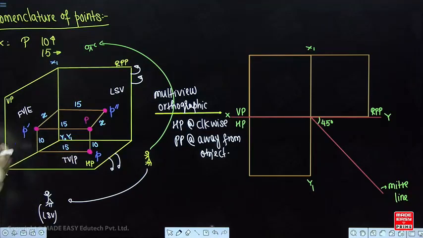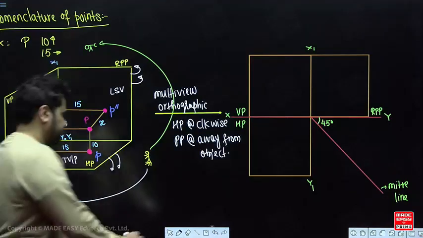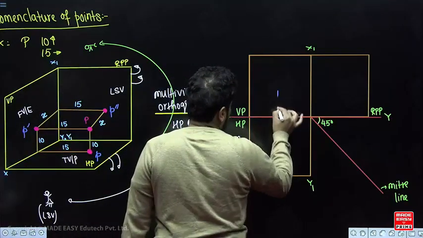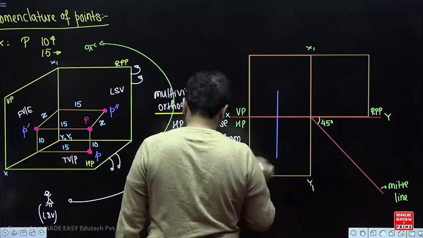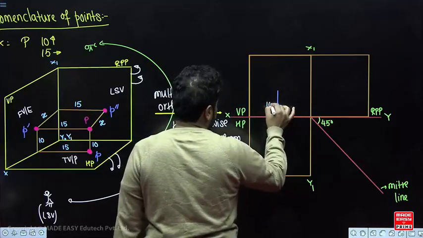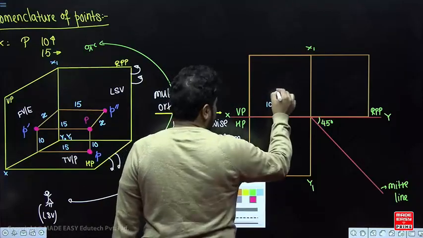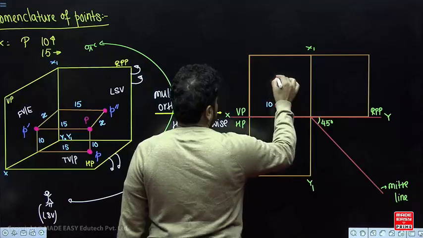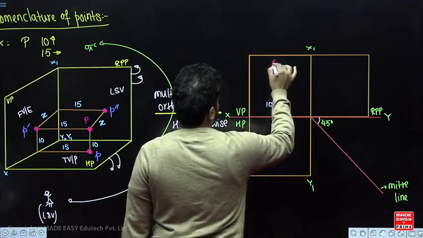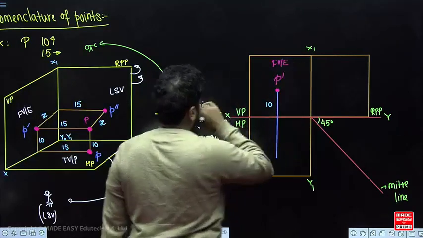So this is your XY line and this is your X1 Y1 line, correct. From the XY line, how much above is p dash? You will say 10, isn't it? So I will draw a line of length 10, and I will put the point over here. This point is your p dash, or you can say this is the front view or elevation, clear.